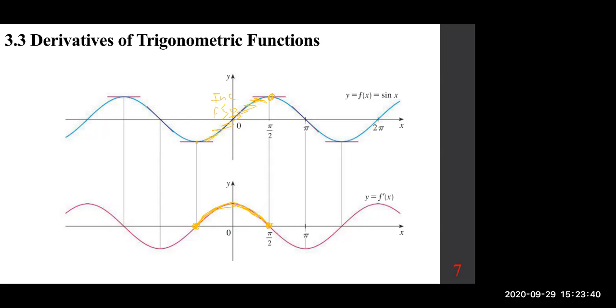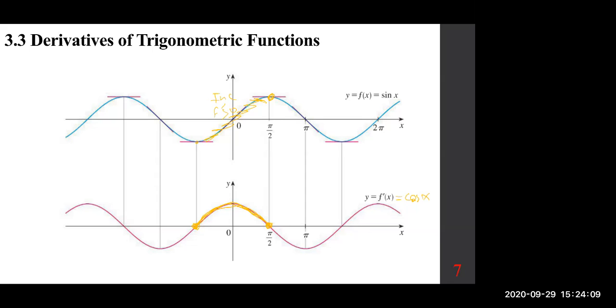So increasing, f prime is positive, and where is the tangent line horizontal? F prime becomes 0. Okay, it's pretty straightforward. And therefore, of course, this is the function everybody is familiar with. F prime of x equals cosine x. You know this is the graph of cosine, right, class?